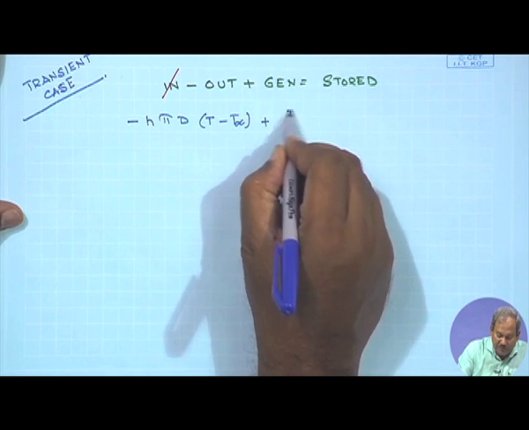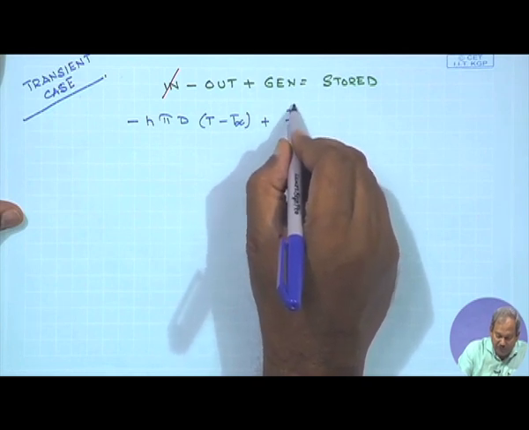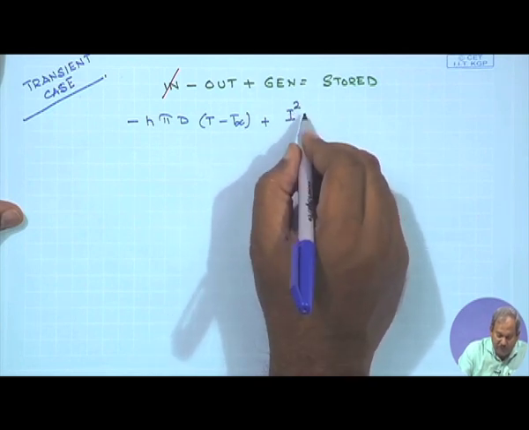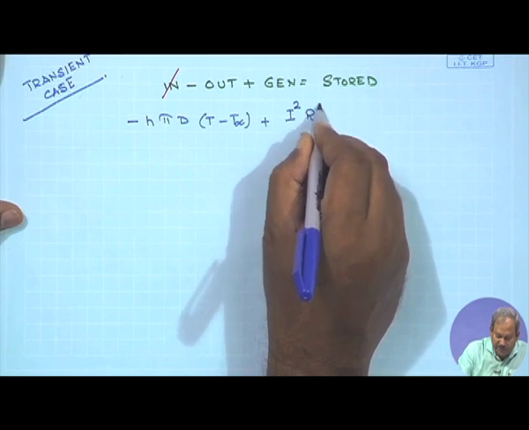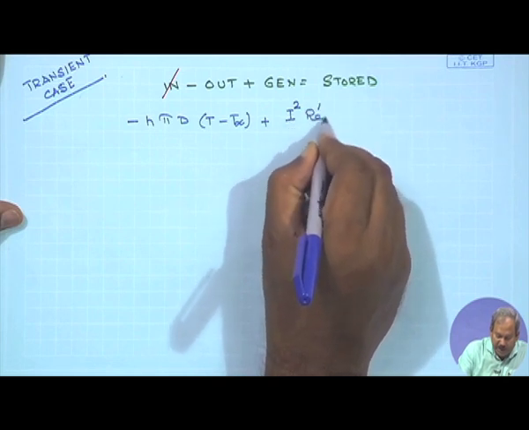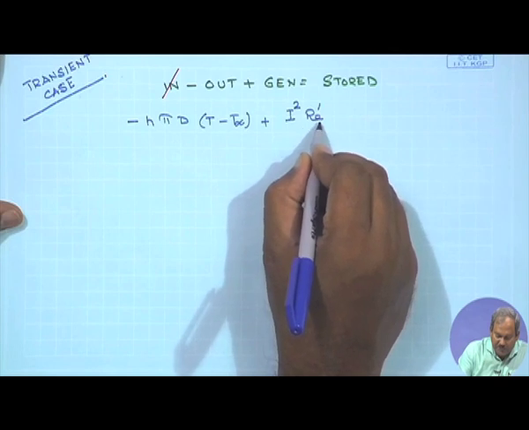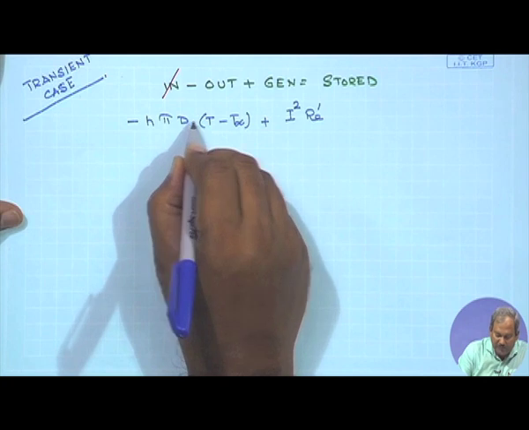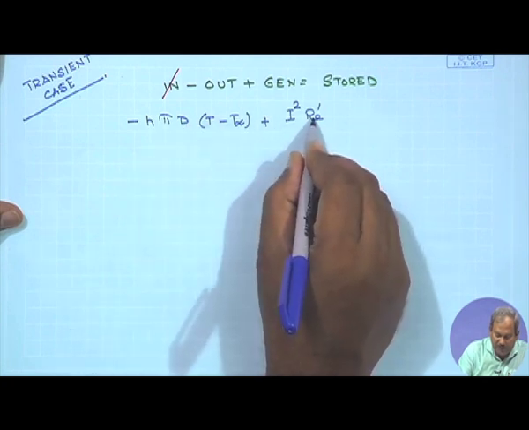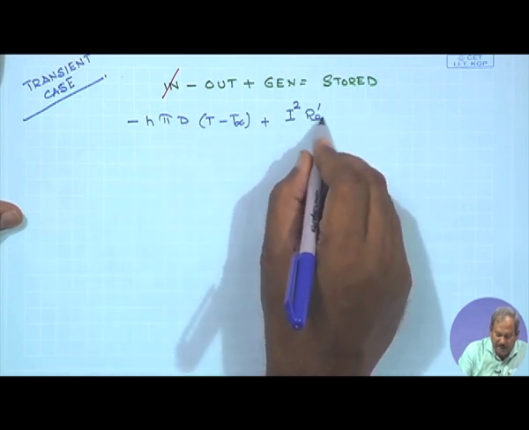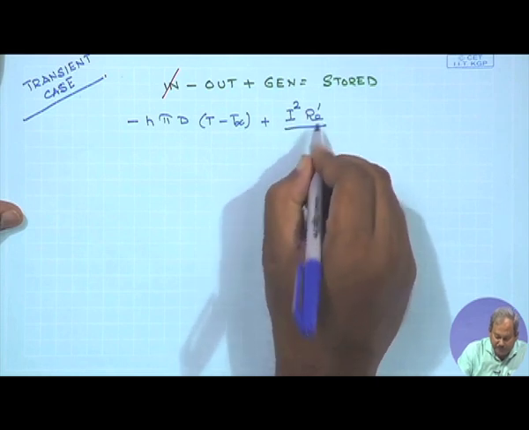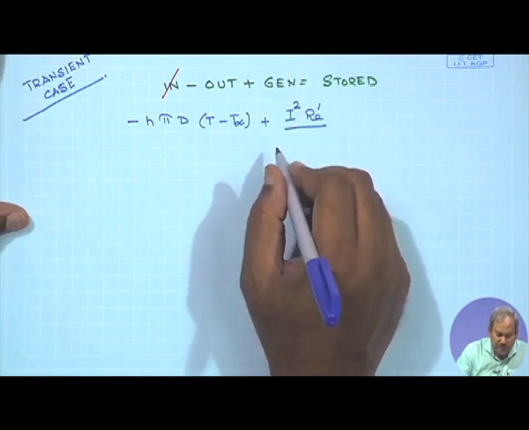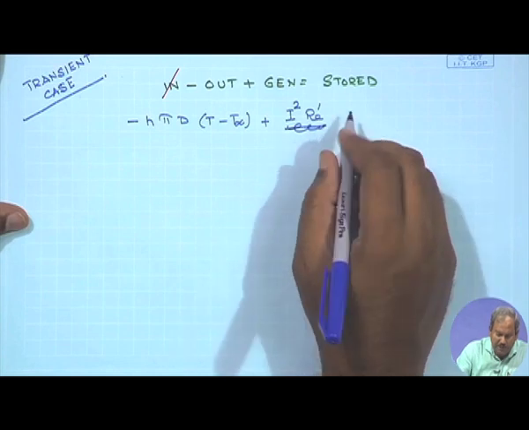Therefore, it would be possible for me to write the generation, which is simply Joule heating, I square R E prime, where I can use R E prime, the resistance per unit length, because I brought this L down to the denominator of the resistance, dividing I square R E.